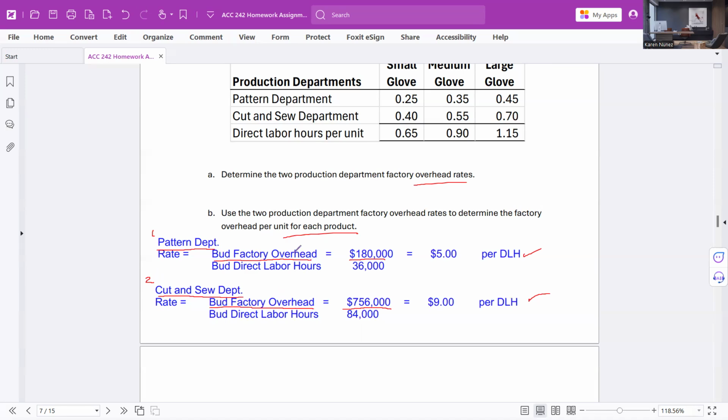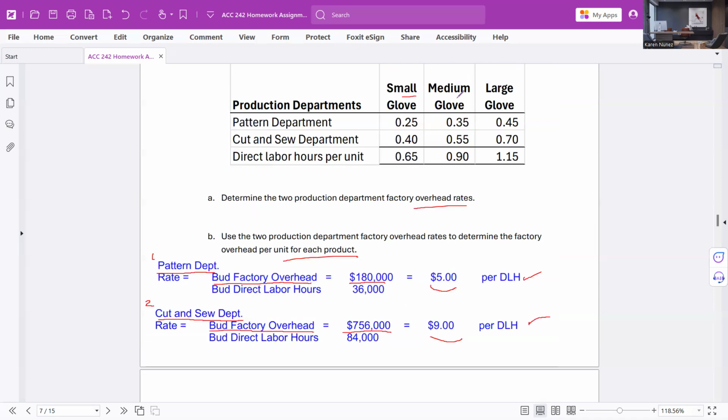So the budgeted overhead for pattern divided by the budgeted direct labor hours for pattern, and the budgeted overhead for cut and sew divided by the budgeted direct labor hours for cut and sew gives us our rate. So we've got our $5 rate, we've got our $9 rate. That's what we're going to use to assign overhead to these 3 products, to small gloves, medium gloves, and large gloves.